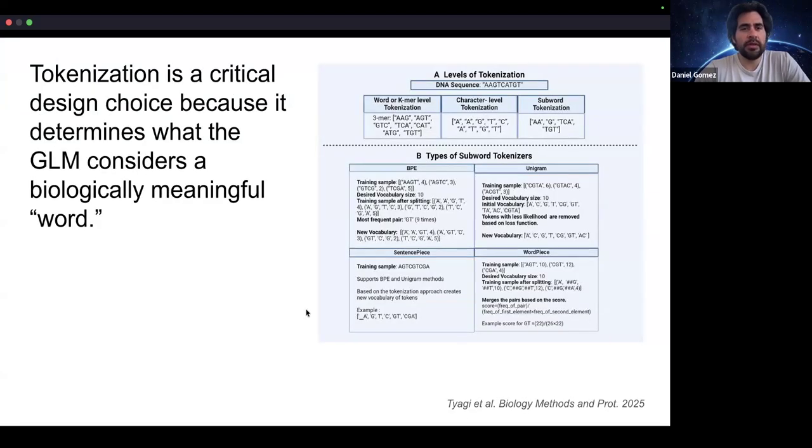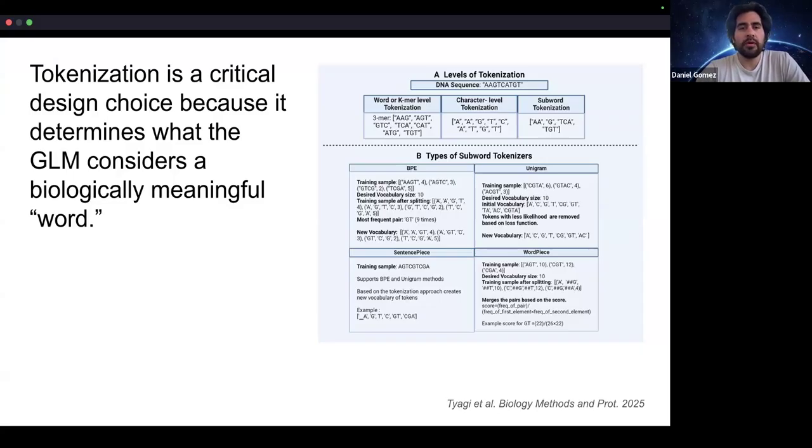And then tokenization is a critical design choice because it determines what the GLM considers biologically meaningful, like the word. So we have levels of tokenization of a DNA sequence, AAG, GT, CA, T, GT. So that's a DNA sequence right there. You can see that the letters are levels of tokenization in a sequence.